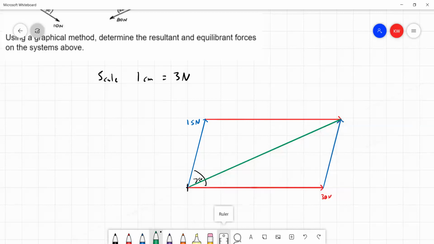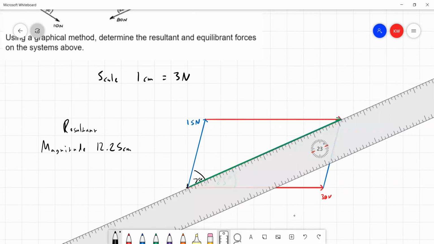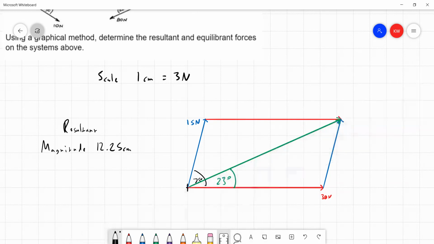So we have a 23-degree angle and a magnitude, I'll write this down here, for a resultant magnitude of 12.25 centimeters. I'll just double check that. Yes, 12.25 centimeters. And of course, every 1 centimeter is 3 newtons.